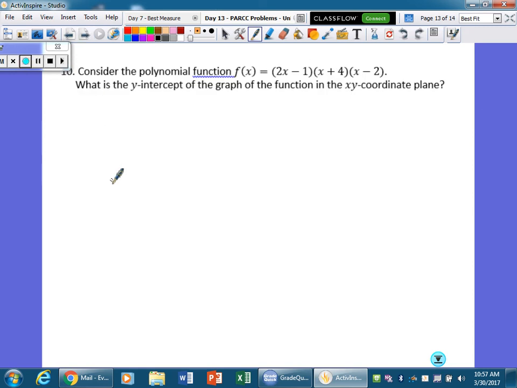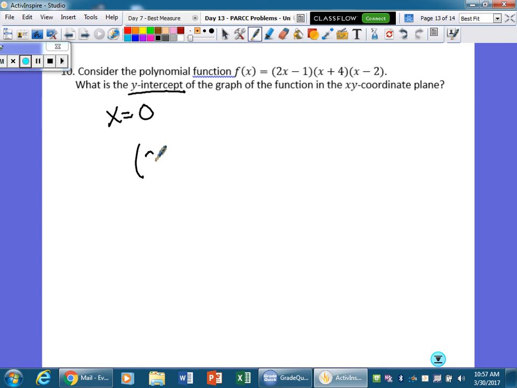Number 10, consider the polynomial function f of x equals the quantity 2x minus 1, x plus 4, x minus 2. What is the y-intercept of the graph in the xy coordinate plane? So y-intercept, when it's the y-intercept, that means that x equals 0. So that means I can substitute 0 in for my x's and solve.